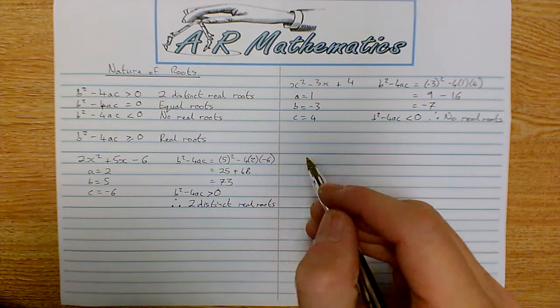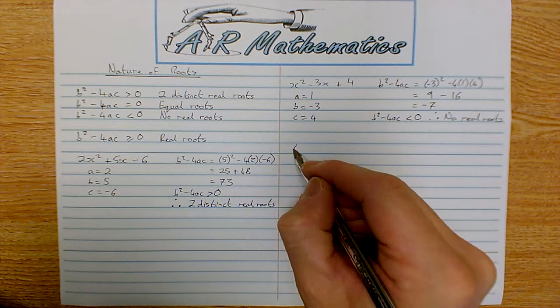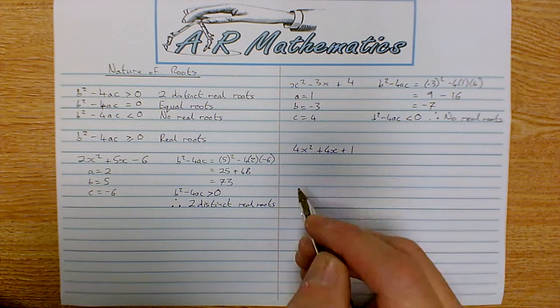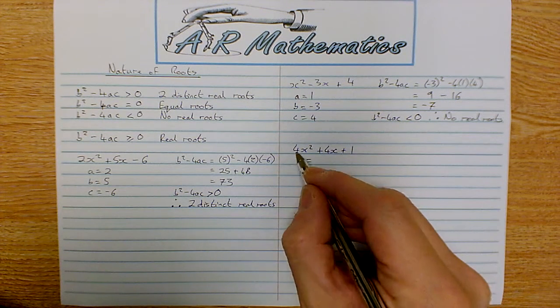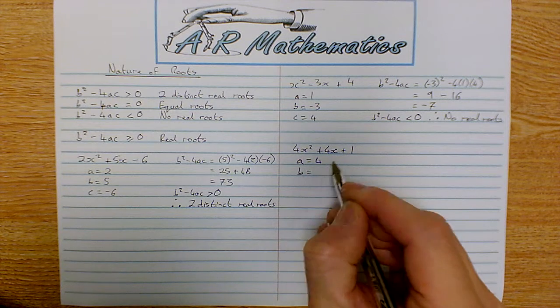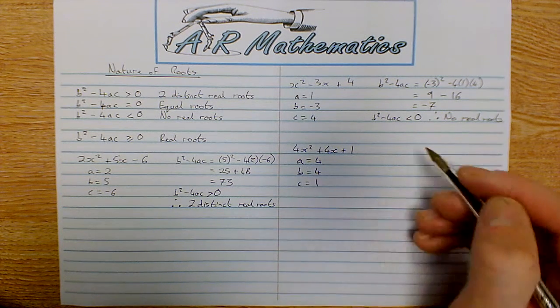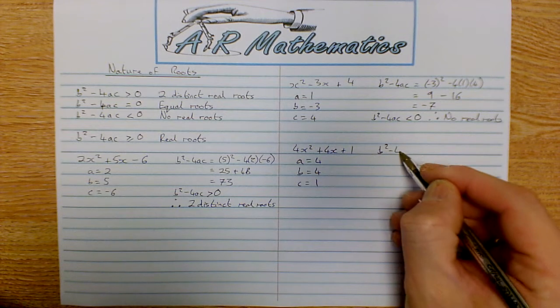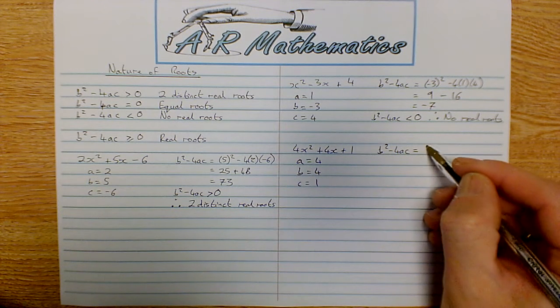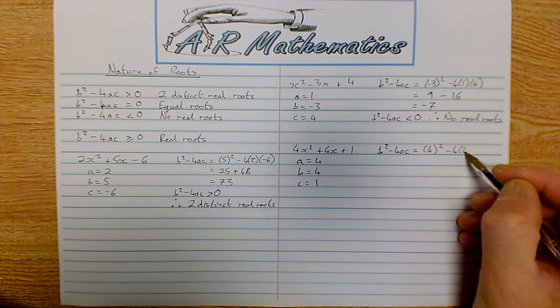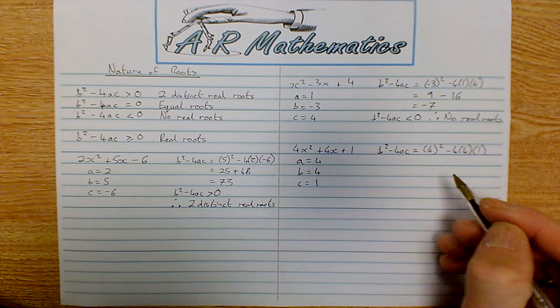Okay, if we take one more, the quadratic expression 4x squared plus 4x plus 1, in this case a is 4, b is 4 as well, and c is the constant at the end, 1. So b squared minus 4ac equals 4 squared minus 4 lots of a, which is 4, lots of c, which is 1.